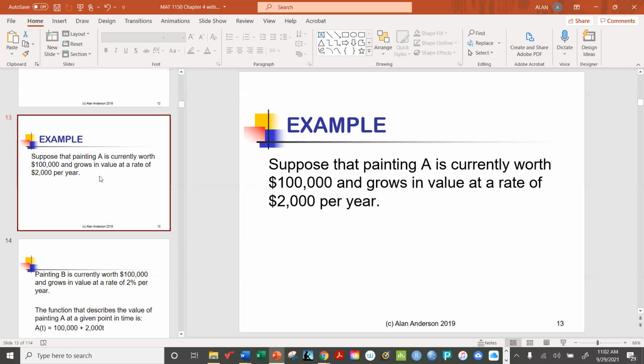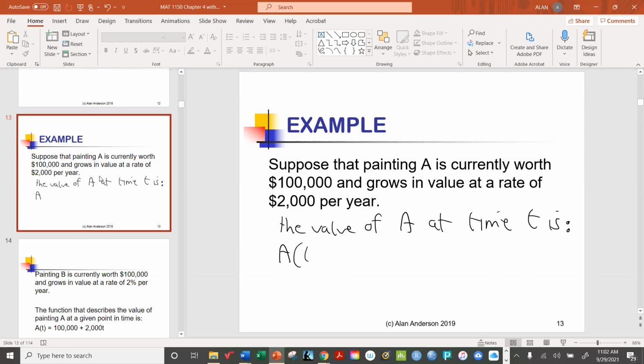All right, so we can write out a function. The value of A at time t is... Okay.